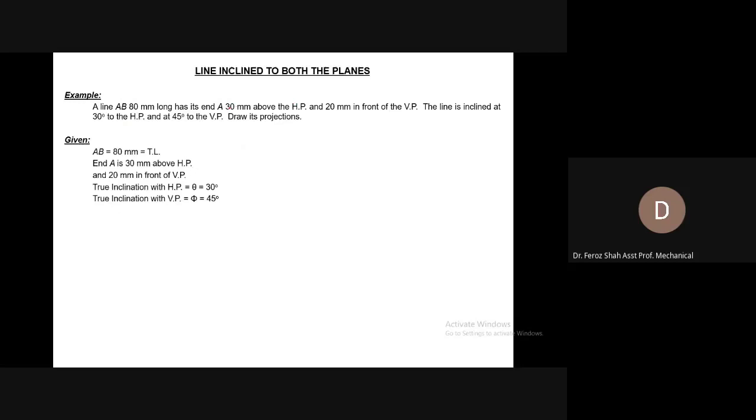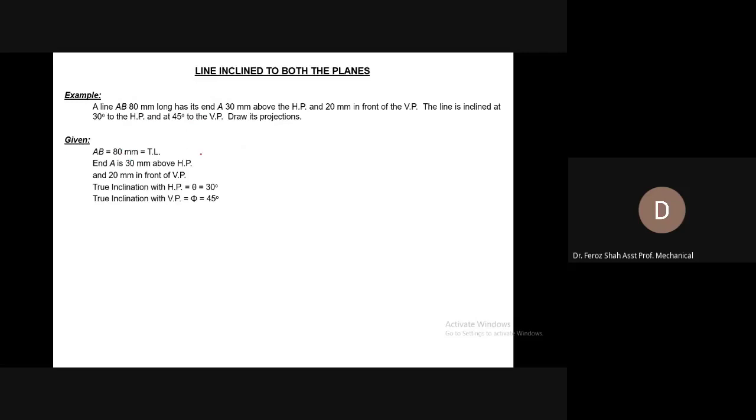Just treat the two ends as separate points. The line is inclined at 30 degrees to the horizontal plane and 45 degrees to the vertical plane. Draw its projections. So these are the hints.